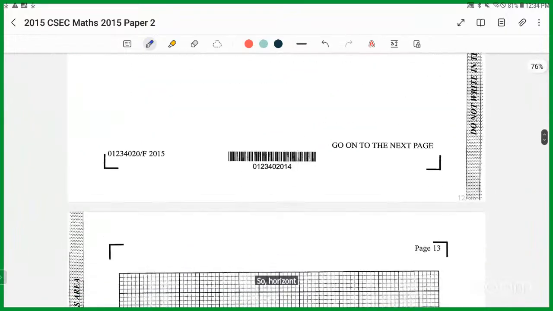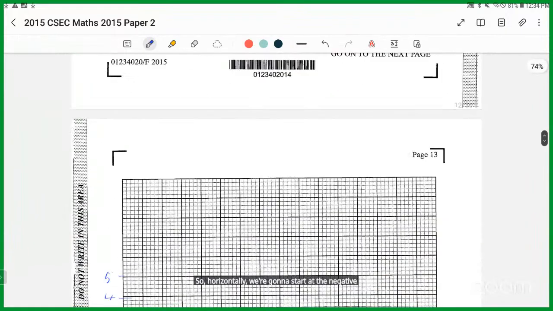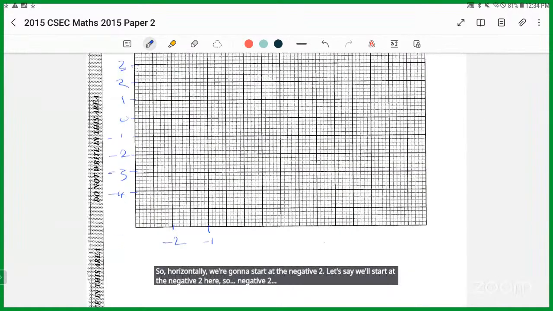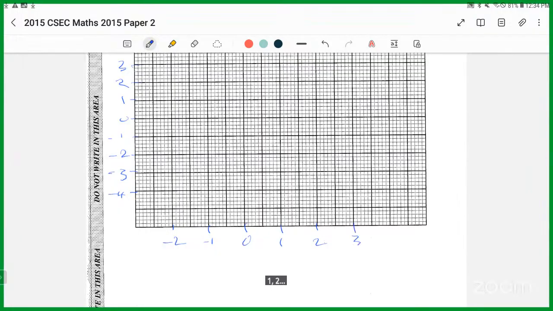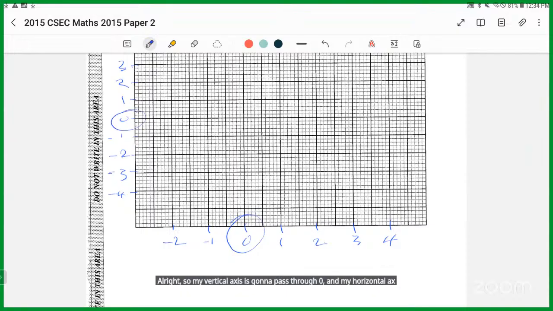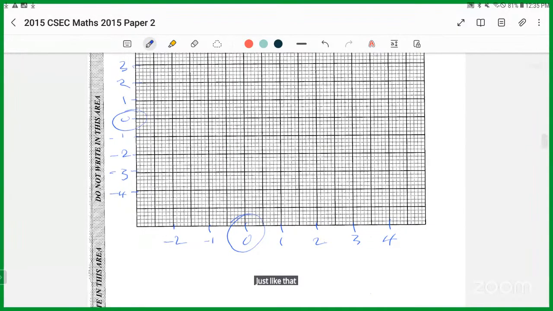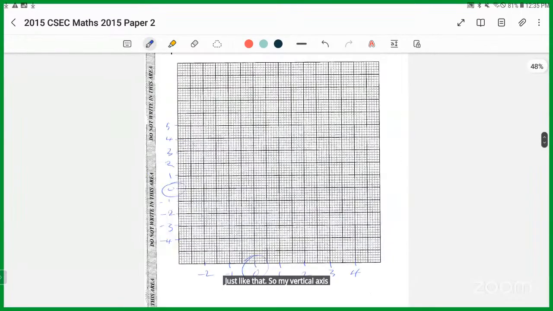Horizontally, we start at negative 2 here: negative 2, negative 1, 0, 1, 2, 3, 4. Good. My vertical axis is going to pass through this 0 and my horizontal axis is going to pass through this 0.